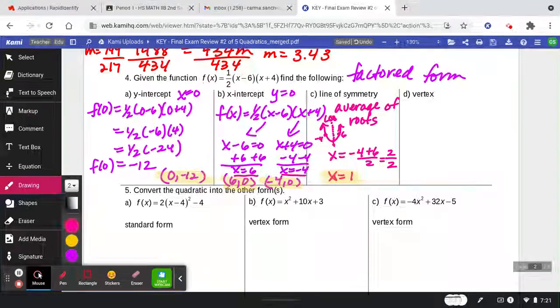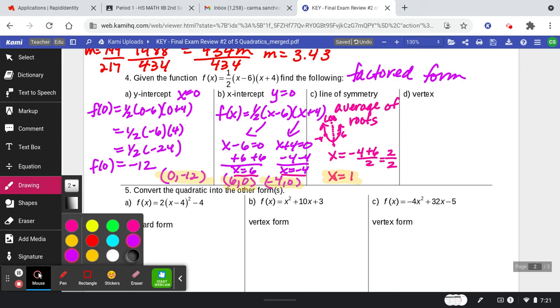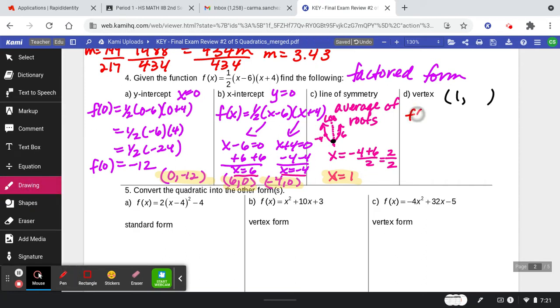Finally, for the vertex, we want to find this point right here at the bottom of this parabola. And I already know that the x value on that line of symmetry is 1, so I know that my vertex is 1 comma something. So couldn't I just plug into the equation that I was originally given where x is a 1?